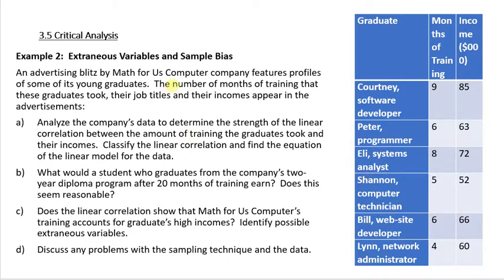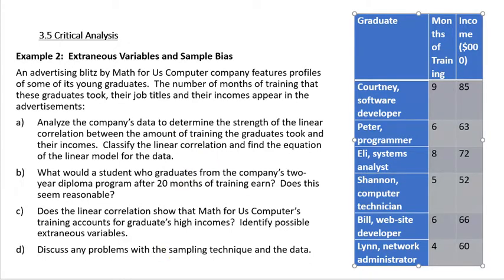The number of months training, their job titles, and their incomes appear. So months versus incomes. Let's analyze the company's data to determine the strength of the linear correlation between the amount of training and their incomes, and then classify the linear correlation.